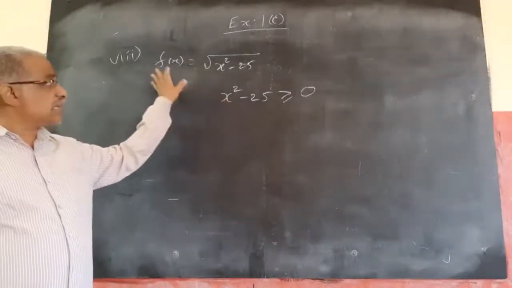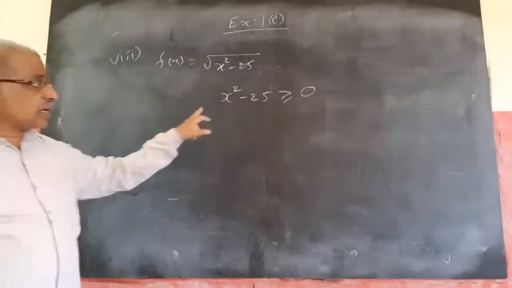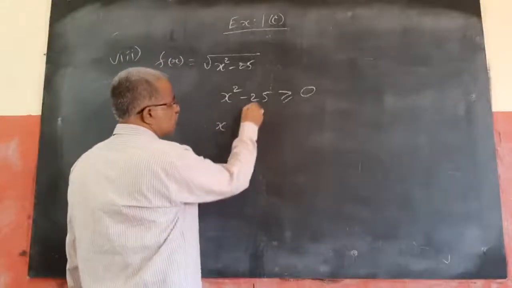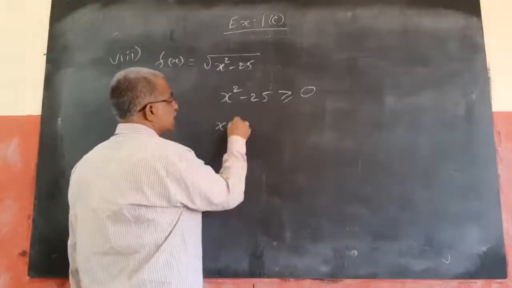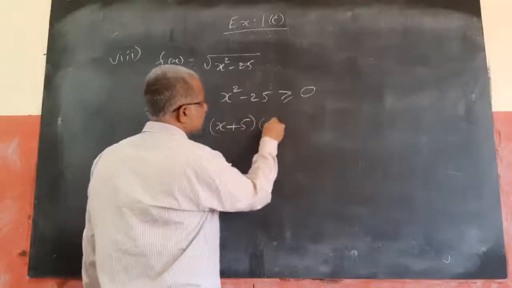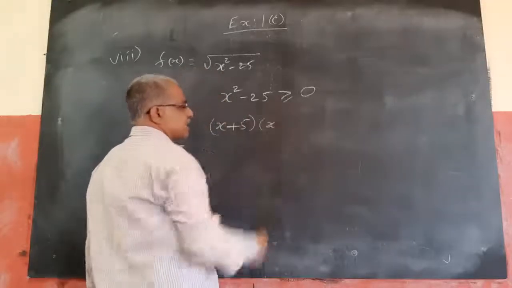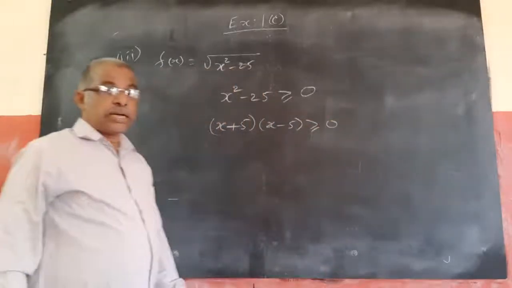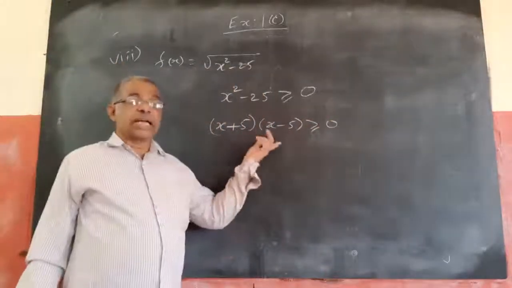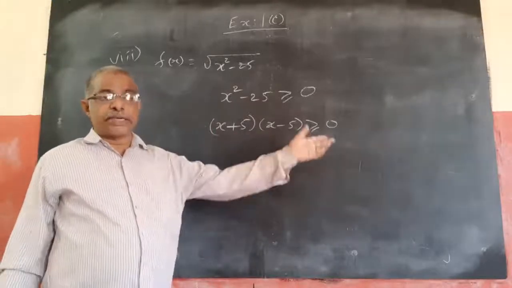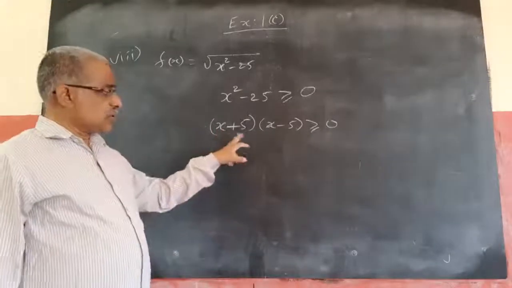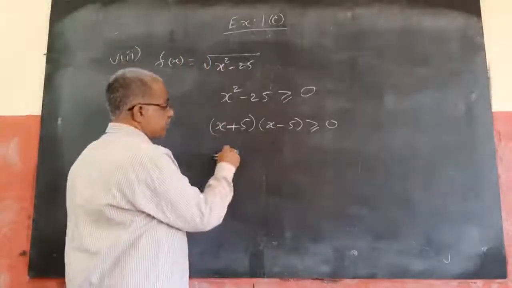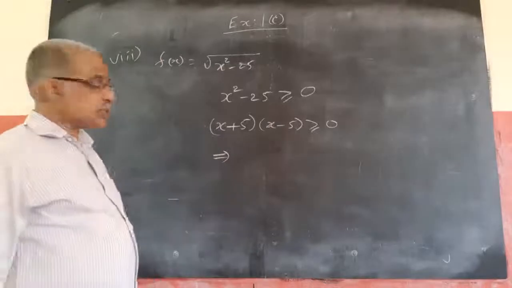So for f of x to be a real number, x square minus 25 must be greater than or equal to 0. 25 I can write as 5 square, so I can write x plus 5 into x minus 5 greater than or equal to 0, or mod x greater than or equal to 5. This implies x should not lie between minus 5 to plus 5.